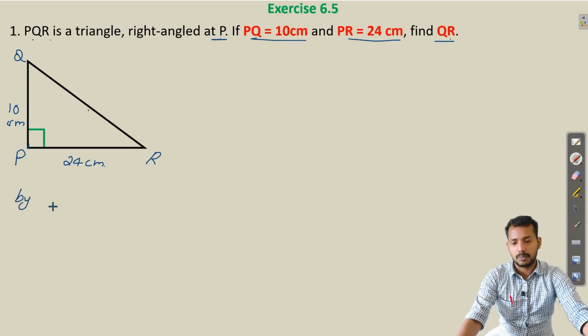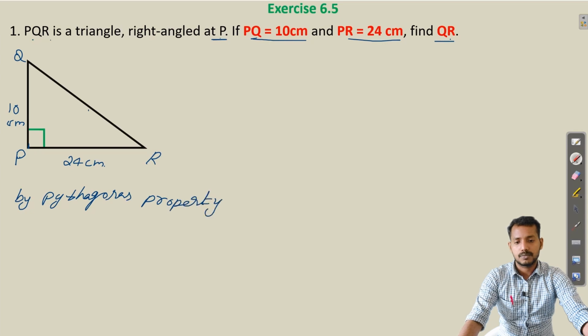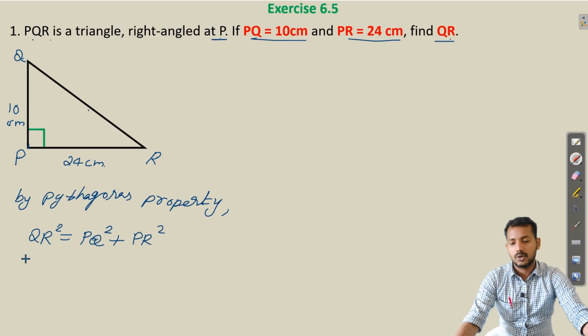So by Pythagoras property, we can say the square of the hypotenuse, that is QR square, is equal to the sum of the squares of the other two sides, that is PQ square plus PR square. QR square is equal to, what is PQ?